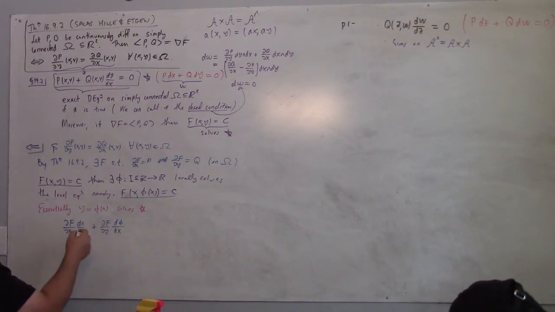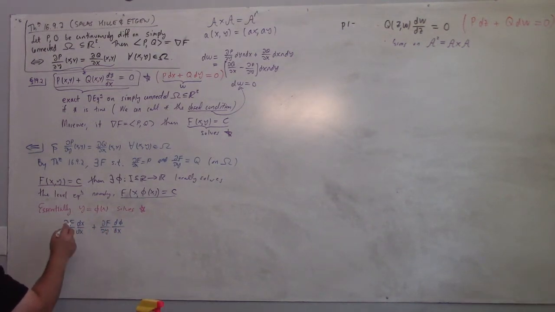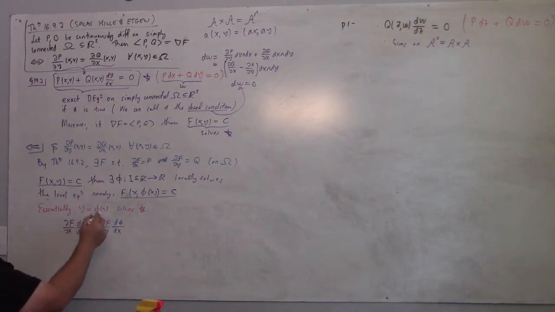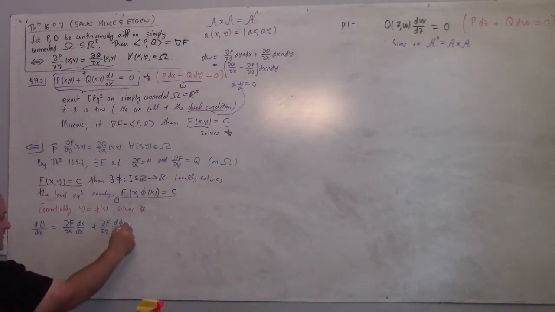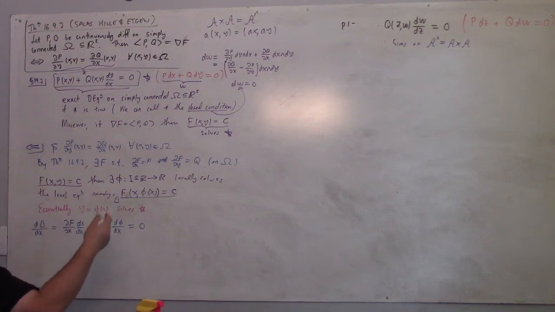Sorry, this is the chain rule. I need a name for this thing, ghost. So d ghost dx equals this by the chain rule, but it's also equal to 0 because the derivative of the constant is 0, right?